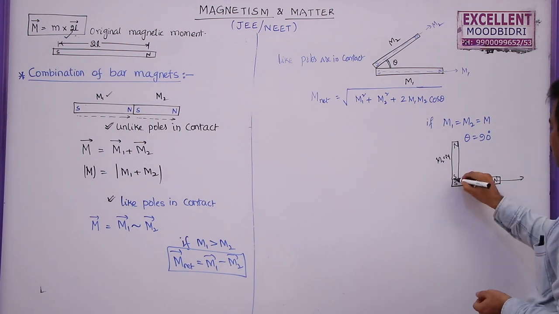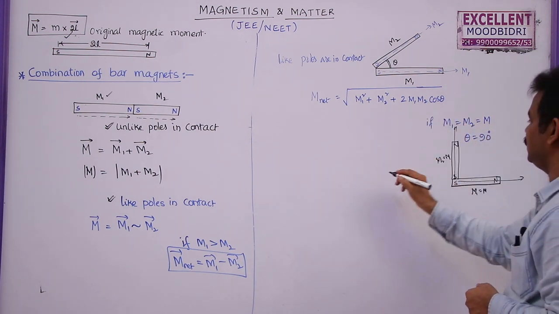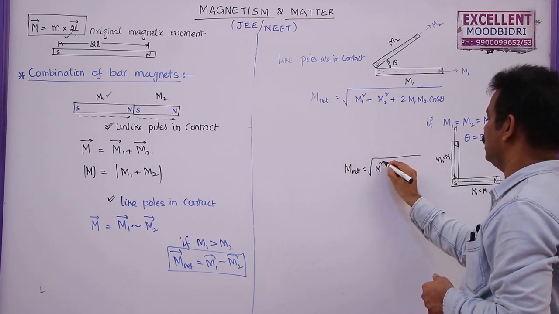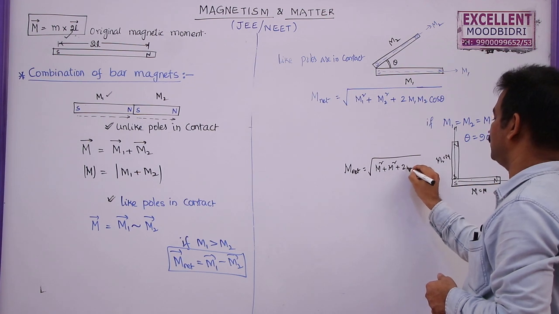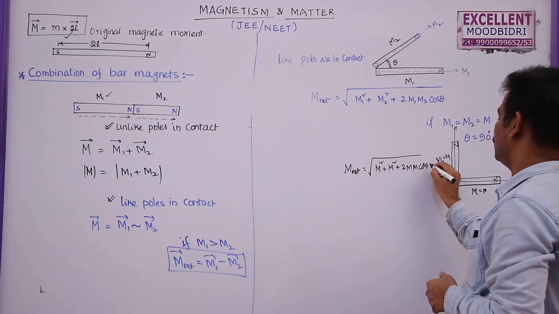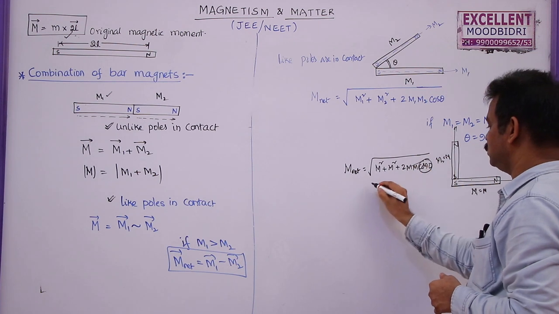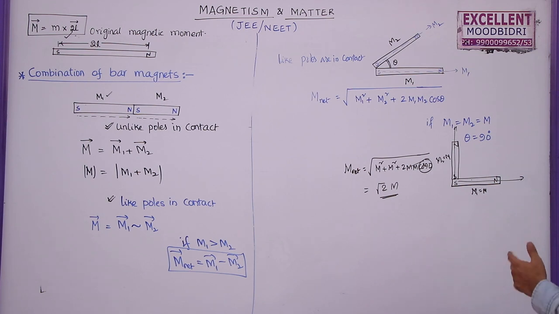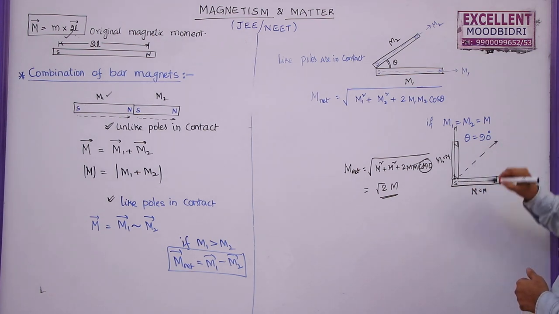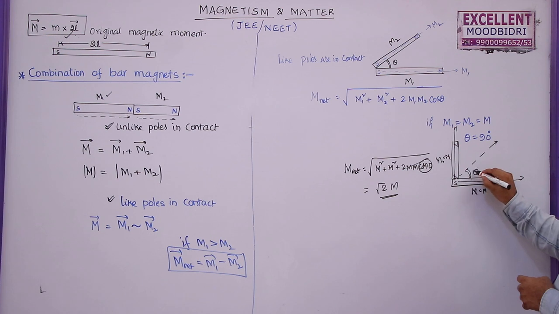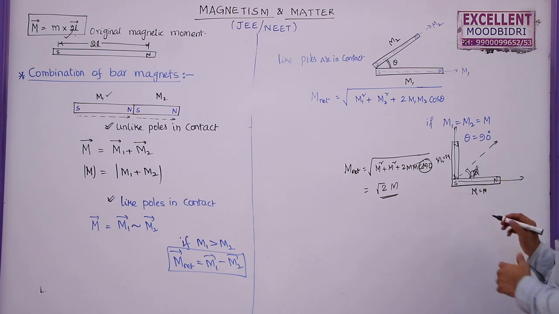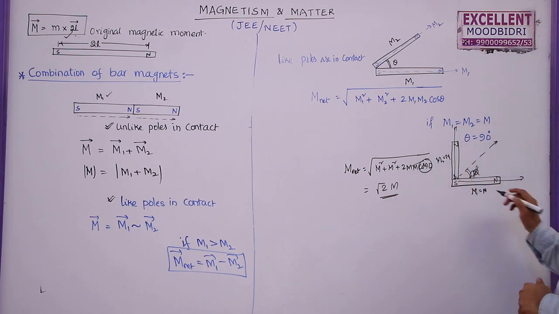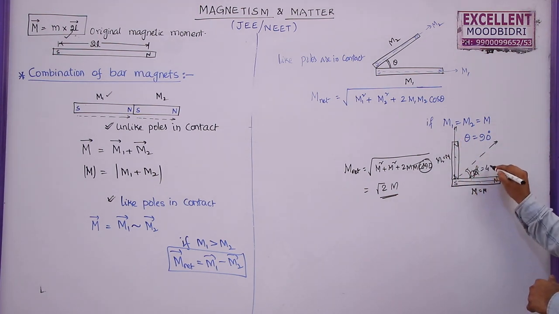As theta is 90, I can write M net is given by root over M square plus M square plus 2 MM cos 90. Cos 90 is 0. So this will become root 2 M. This is the resultant magnetic moment which is going to act along this direction. Sometimes they may ask you to find the angle alpha or phi, the direction of the resultant with one of the bar magnets. Generally if these two are equal, this will become 45 degrees.